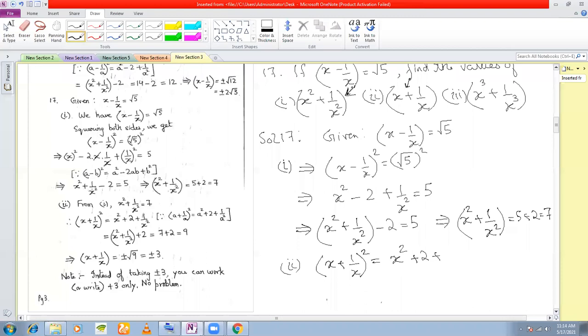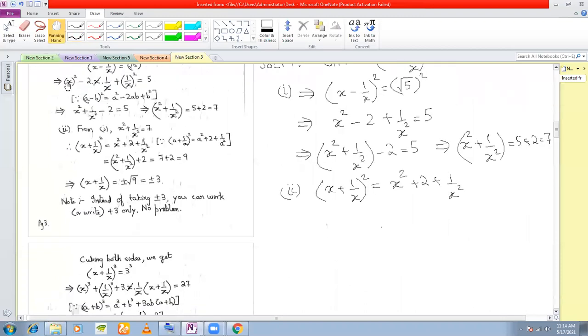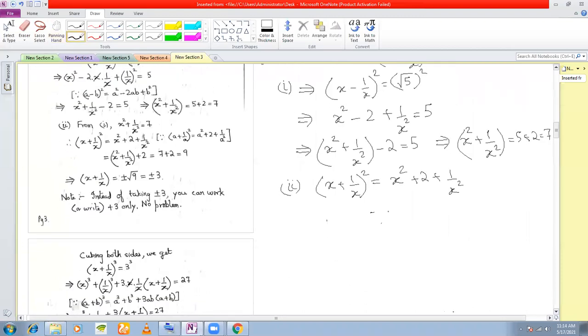Here again, we are not taking 2 on any side. We are simply using 2 on the same side. So x square plus 1 by x square plus 2. From 1, you know the value of x square plus 1 by x square is 7, plus 2, which is equal to 9.